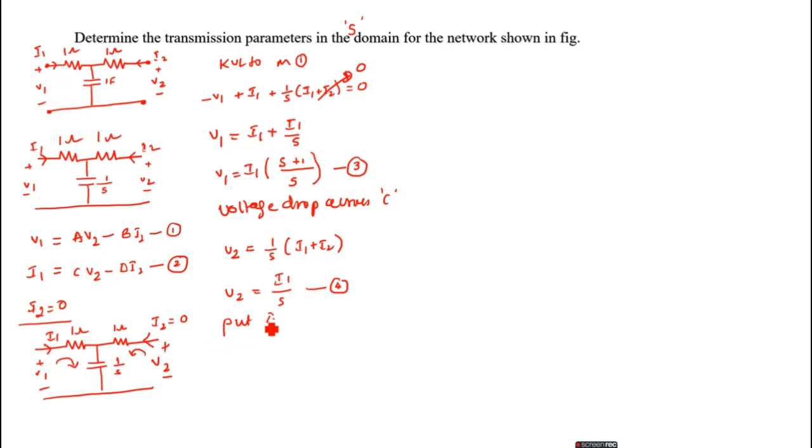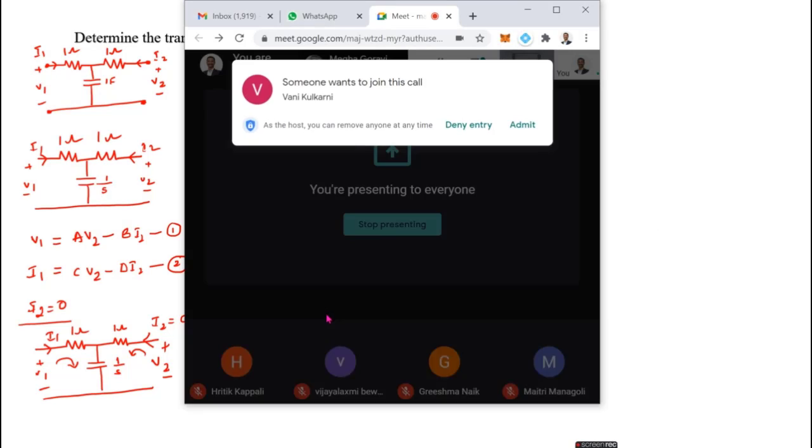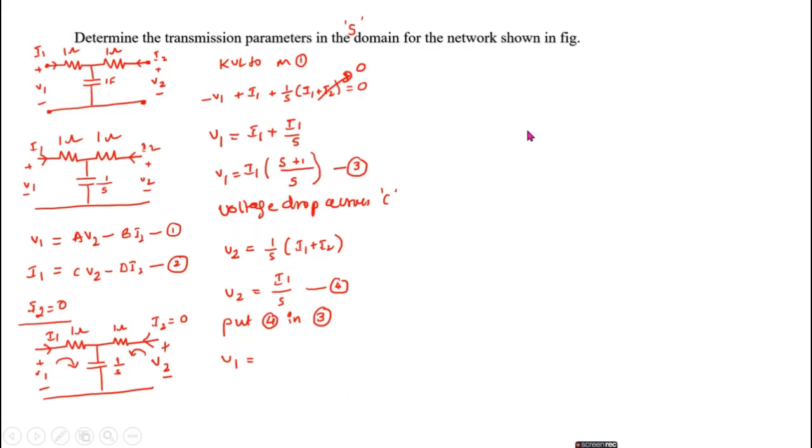Substitute equation number 4 in equation number 3. We get V1 equals, what is I1? I1 can be written as S into V2. I will rewrite here. V1, what is I1 here?